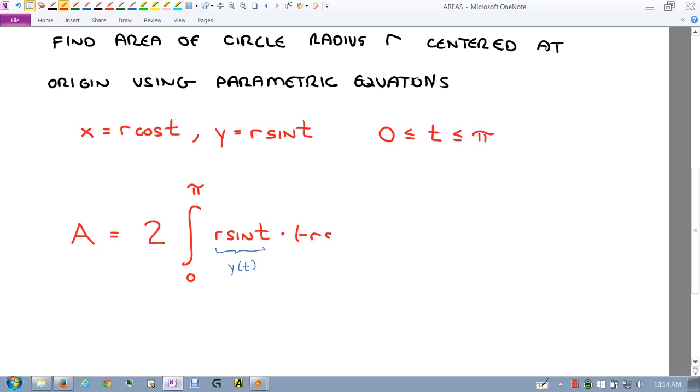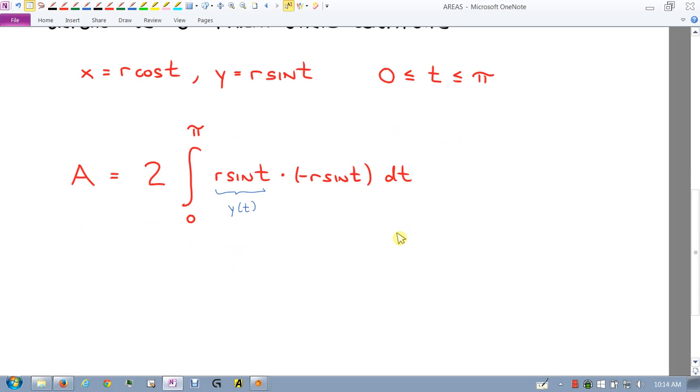Negative r sine t, and then dt. Go with me? I can pull out a negative r squared, can't I? So this becomes negative 2r squared integral 0 to pi of sine, what, squared t dt?